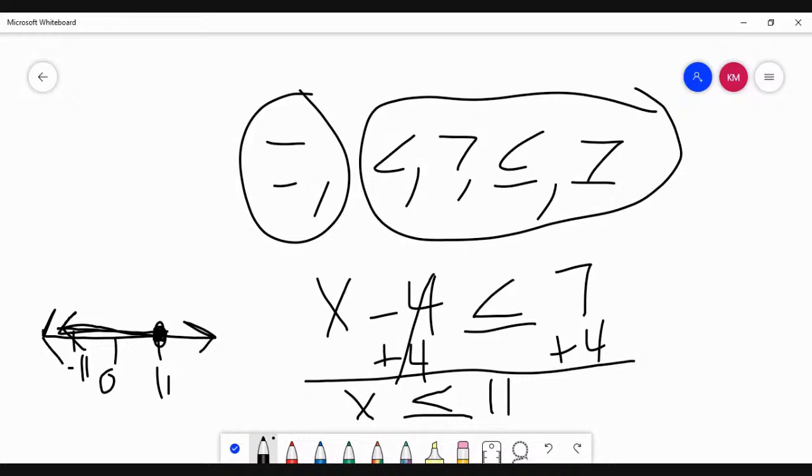Most important thing I want you to remember: if it has a line under it, such as the less than or equal to or greater than or equal to, you close your circle. If it does not, such as the less than or greater than, you have an open circle. So filled circle, less than or equal to, greater than or equal to; open circle, less than, greater than.